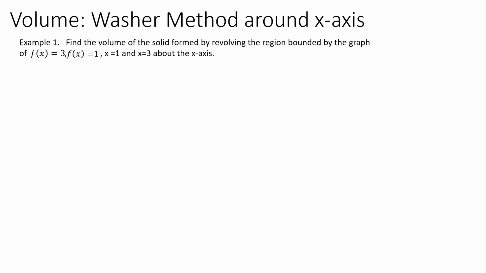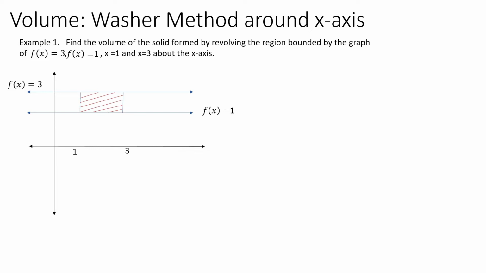Find the volume of the solid formed by revolving the region bounded by the graphs of f of x equal to 3, f of x equal to 1, x equal to 1, x equal to 3 about the x-axis. If you look at the graph, we're looking for the area from x equal to 1 to x equal to 3, and y equal to 1 and y equal to 3, which is a red rectangular shape.